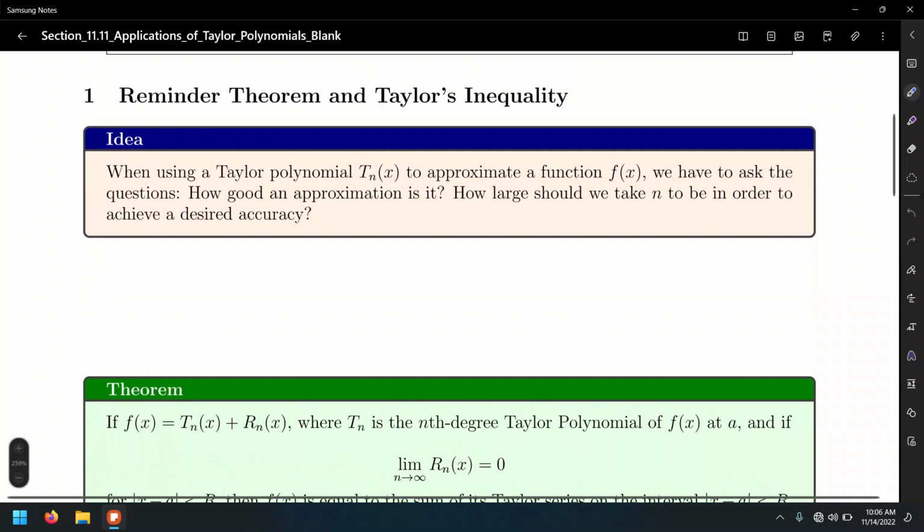The only thing we cover for this section is the remainder theorem and Taylor's inequality. This is to determine how good approximations can be, because keep in mind what we have been doing for the last few days is approximating functions with polynomials, and then using those polynomials to approximate values, say the square root of 17, sine of 1 degree, or e to the second power, using polynomials instead of the exponential, trigonometric, or radical functions.